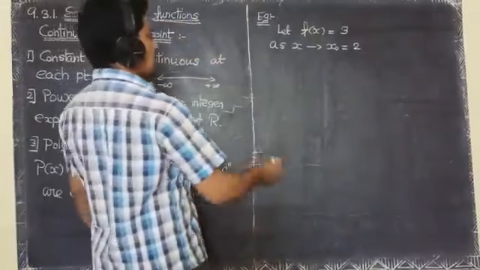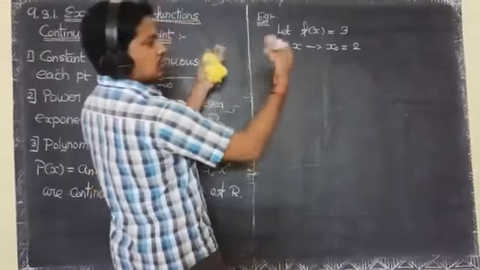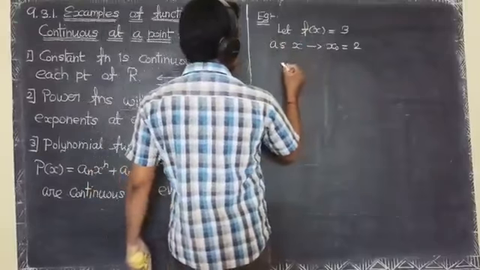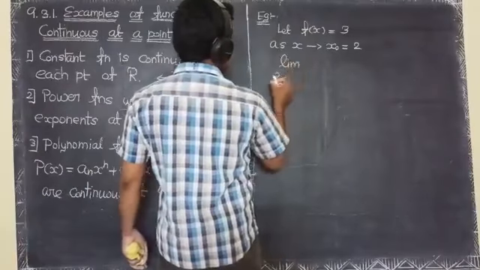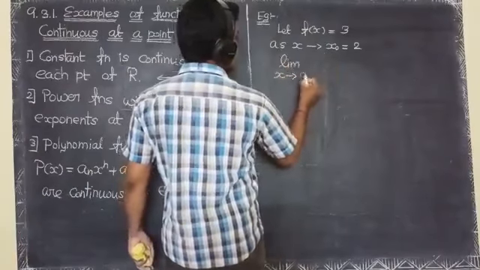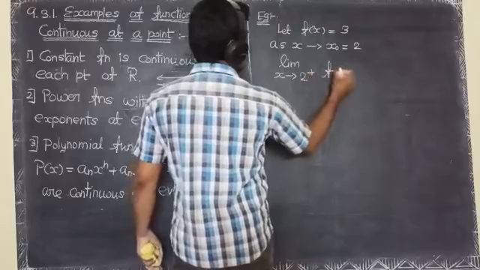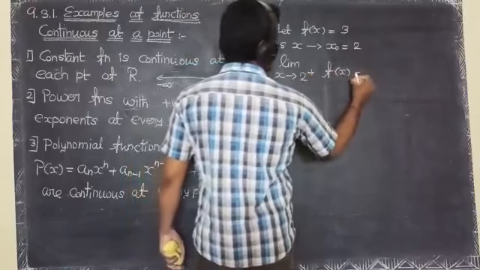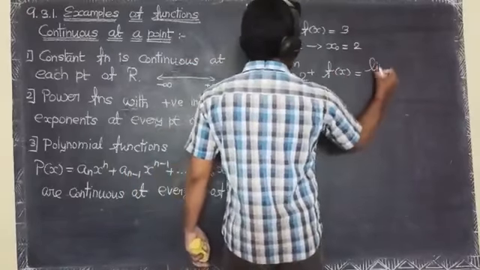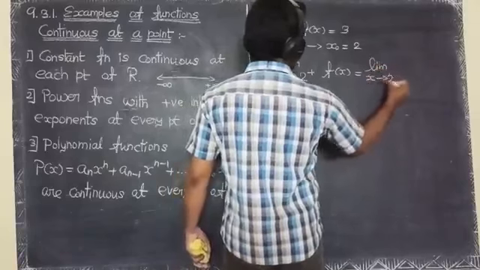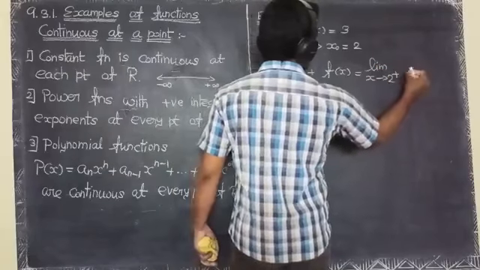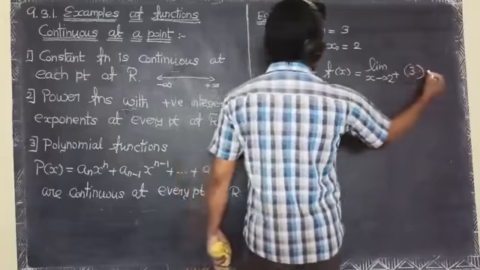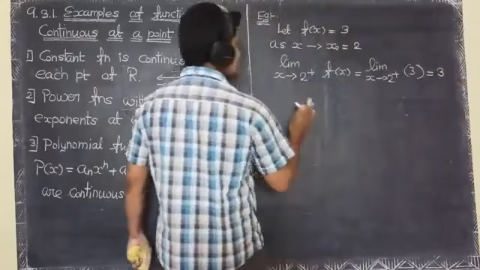Here to find both end limits, the limit as x approaches 2 plus of f of x, that is the constant function, is equal to 3. This is the right limit.